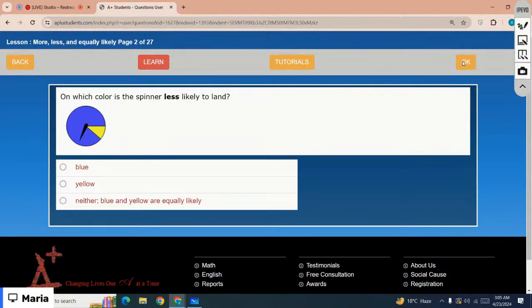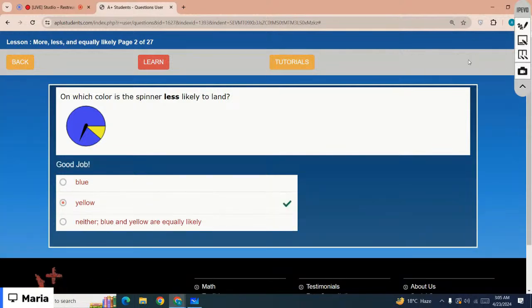Less likely to land on? Read the question or listen to the question carefully. On which color is the spinner less likely to land? It will be less likely to land on yellow because the yellow portion is smaller than blue.